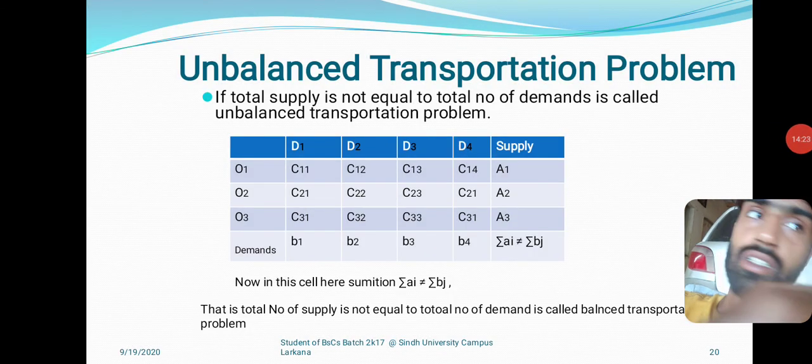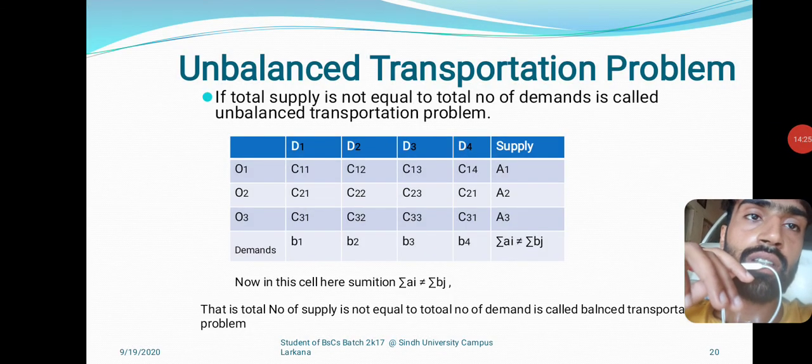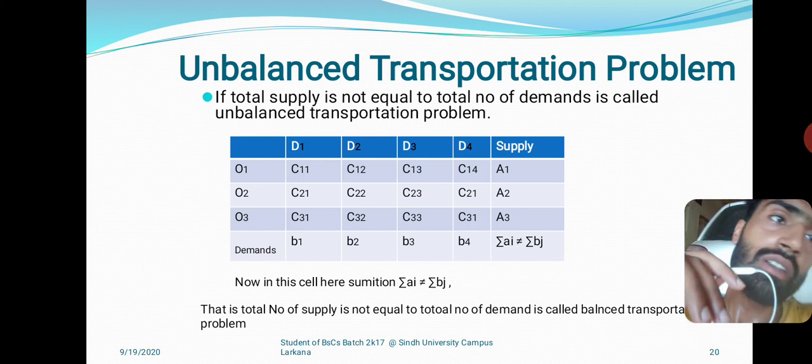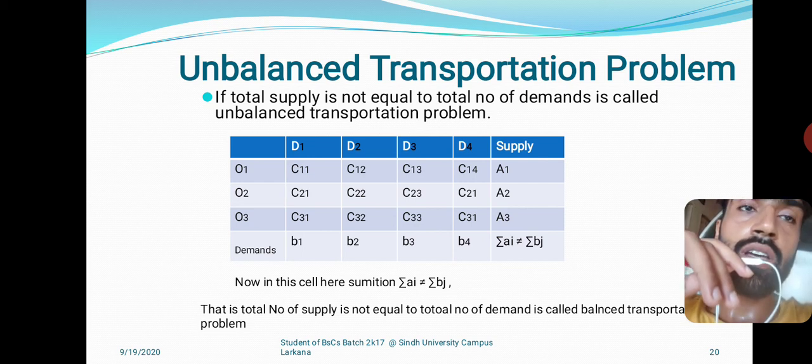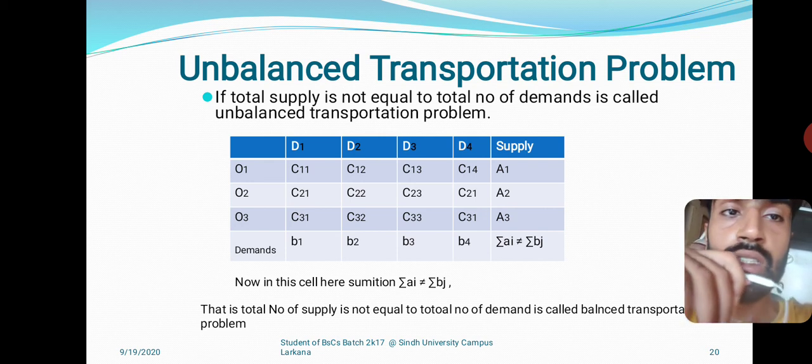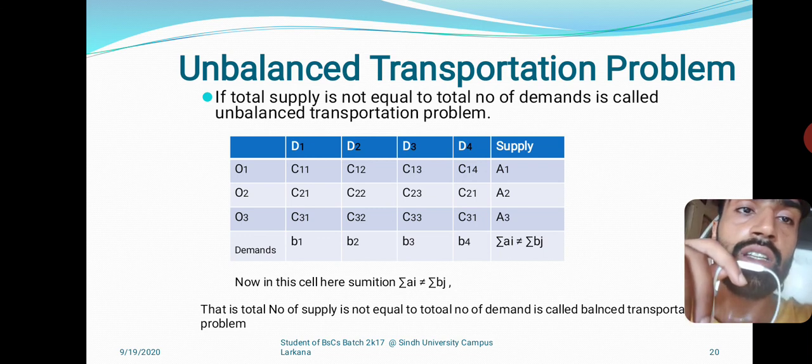Unbalanced transportation problem. If the total supply is not equal to the total demand, it is called an unbalanced transportation problem. Destinations D1, D2, D3, D4, with supply. Origin 1: C11, C12, C13, C14, A1. Origin 2: C21, C22, C23, C24, A2. Origin 3: C31, C32, C33, C34, A3.